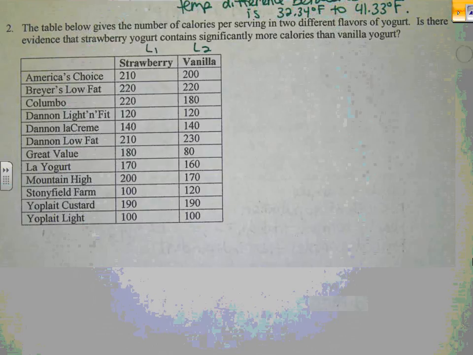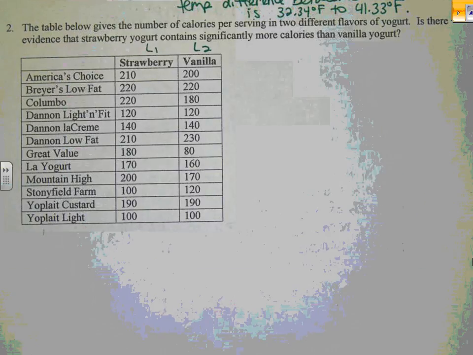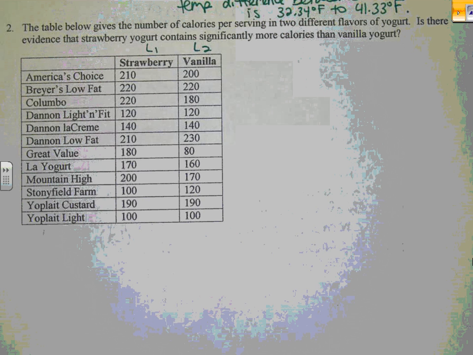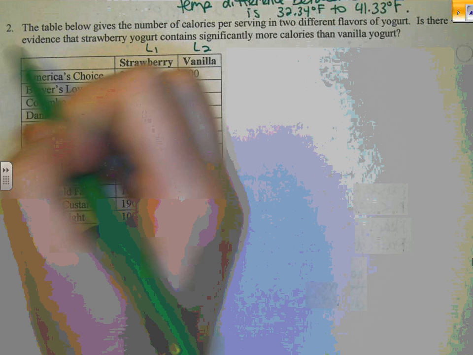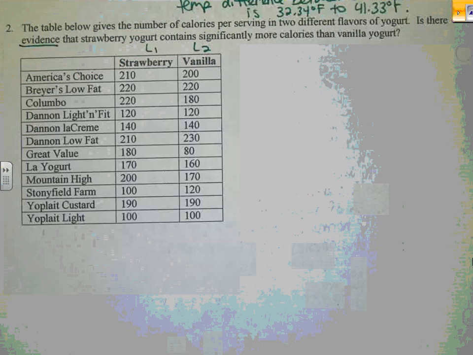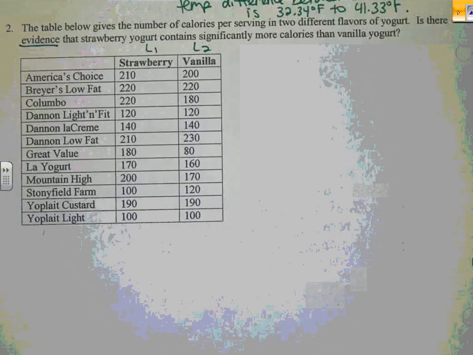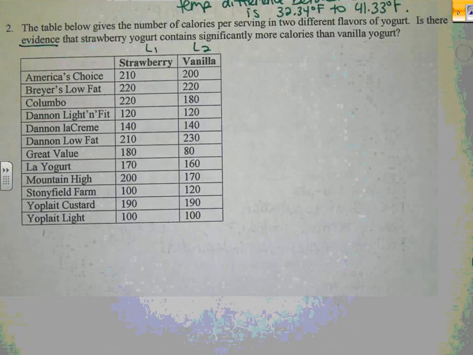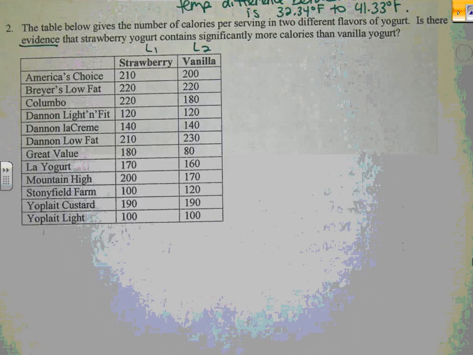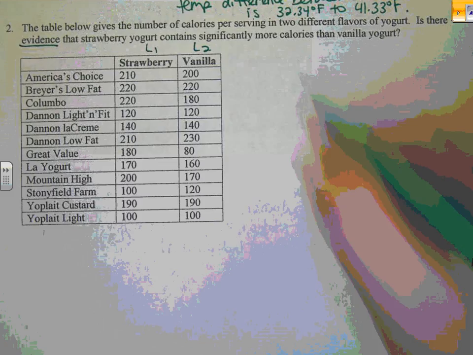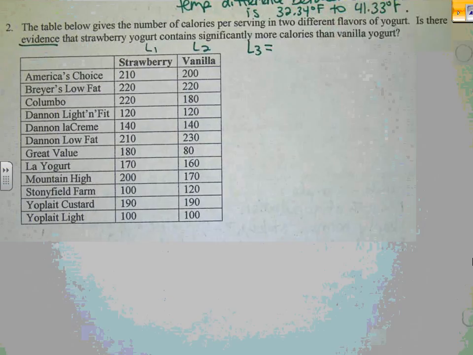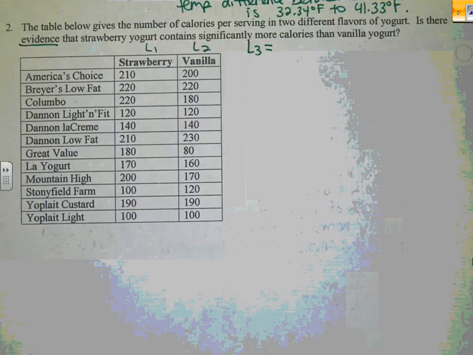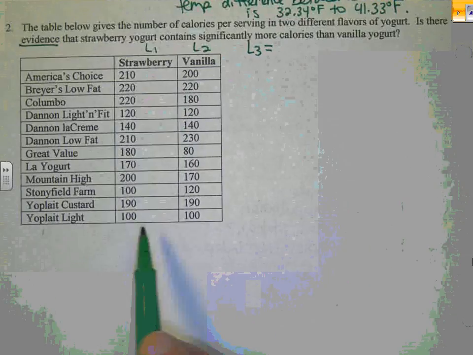Okay, so the question says, is there evidence that strawberry yogurt contains significantly more calories than vanilla yogurt? So is there evidence? That's telling you hypothesis test. Since we're trying to figure out if strawberry yogurt has more than vanilla yogurt, how do you think we should calculate L3? L2 minus L1? Or no, L1 minus L2. Right, we're trying to see if strawberry has more, so you kind of suspect it to have more.